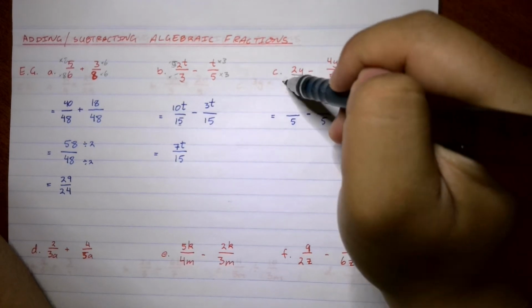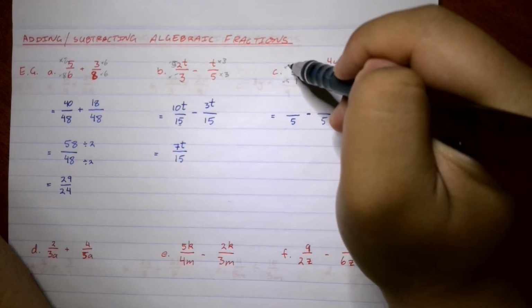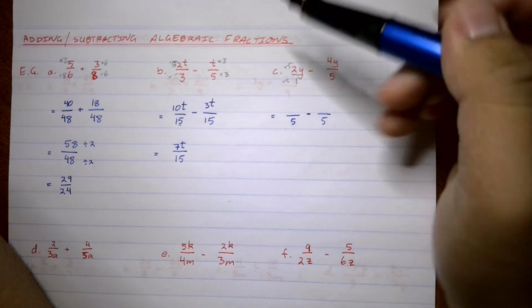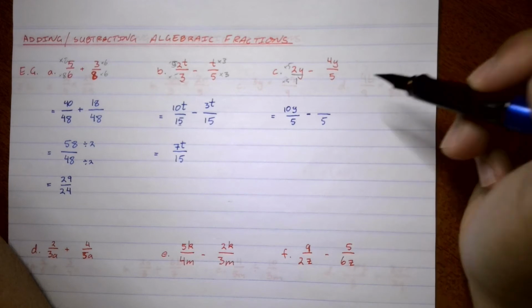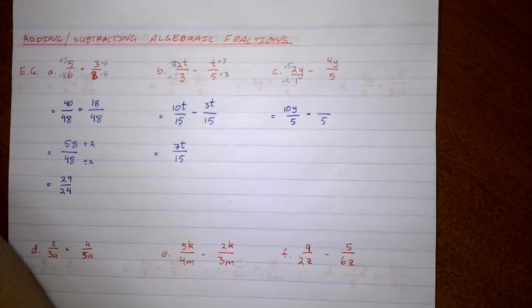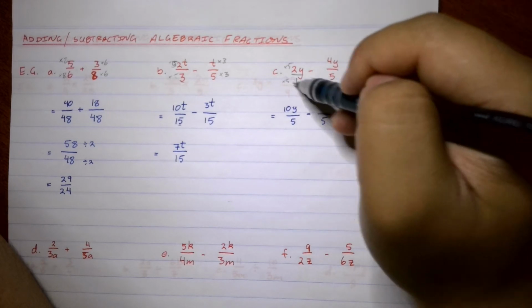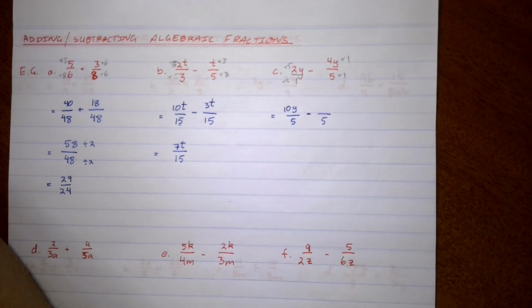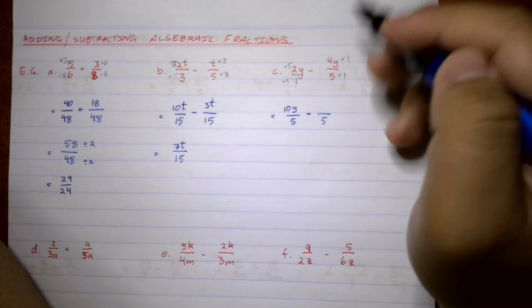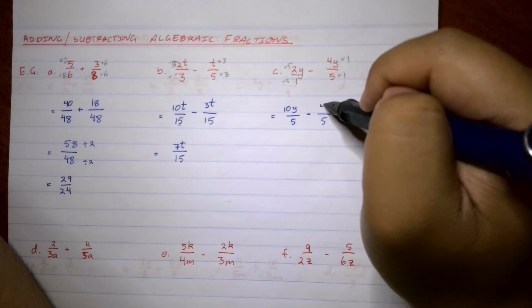This denominator is multiplied by 5. This becomes 2 times 5, which is 10y. 5 to become 5, we multiply by 1. 4y times 1 is 4y.